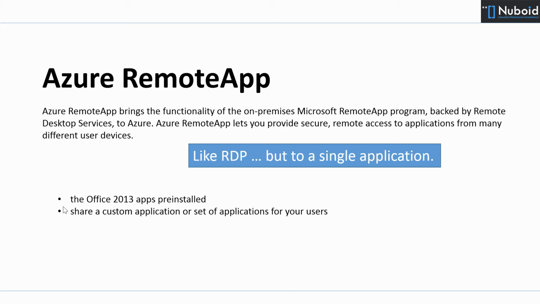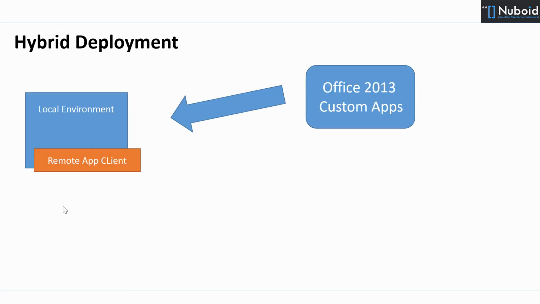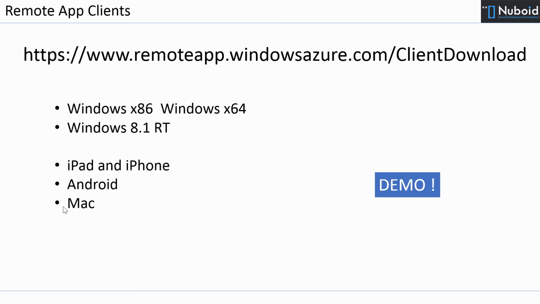What do you need to have that application show up on your desktop? Well, you need an agent. It's a small application that you can download for free. But the good thing about it, and we'll skip a few slides and talk about that in a moment, is the remote app clients, you can simply download them at remoteapp.windowsazure.com/client download.